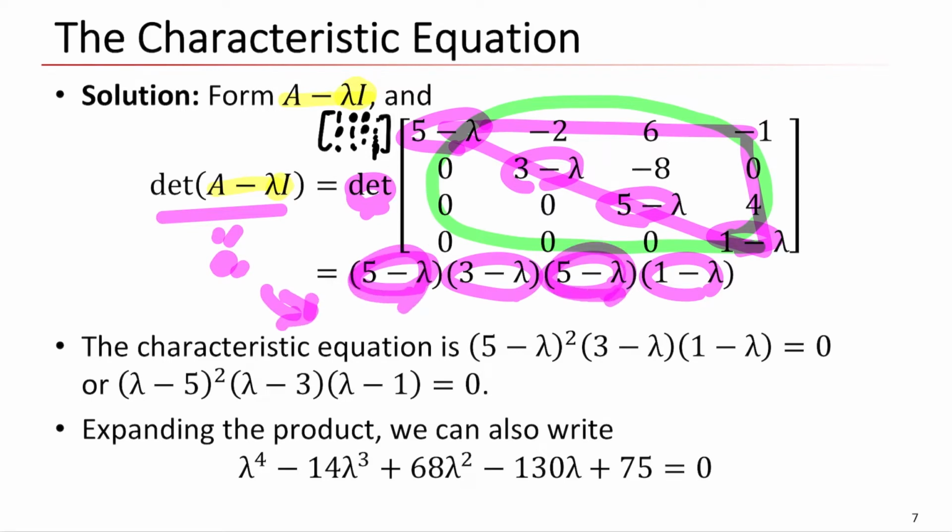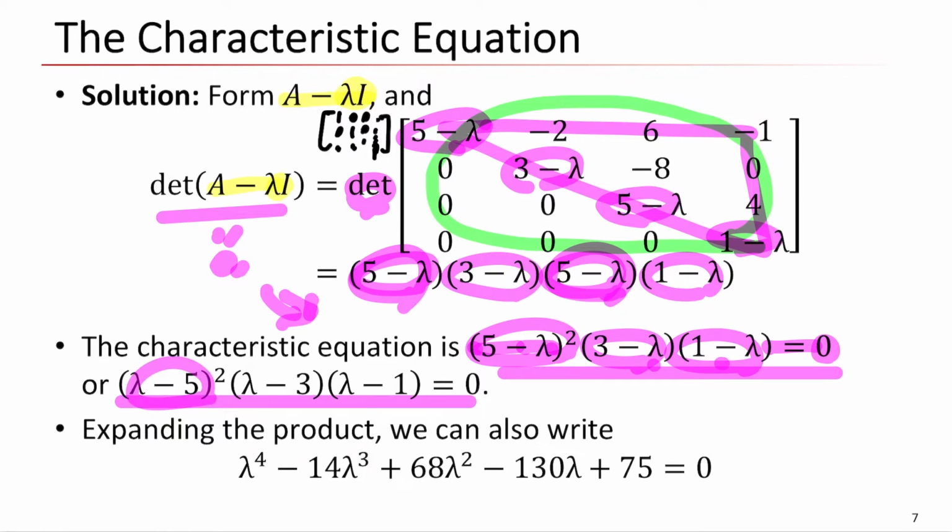Because there are two identical terms, (5 minus lambda) squared times (3 minus lambda) and (1 minus lambda) is equal to 0. We can rewrite this as (lambda minus 5) squared, (lambda minus 3), (lambda minus 1) equals 0. Okay, so this is the characteristic equation.